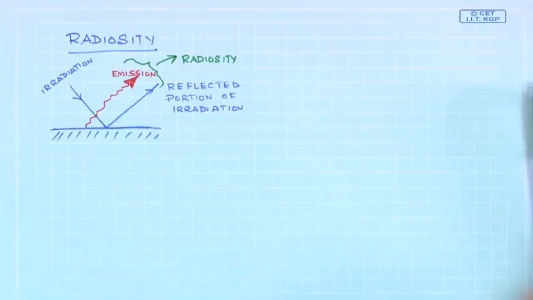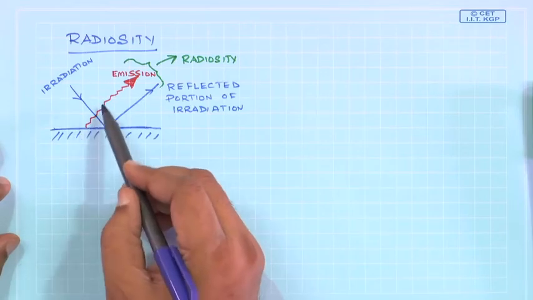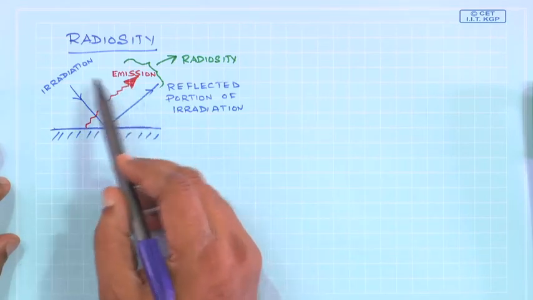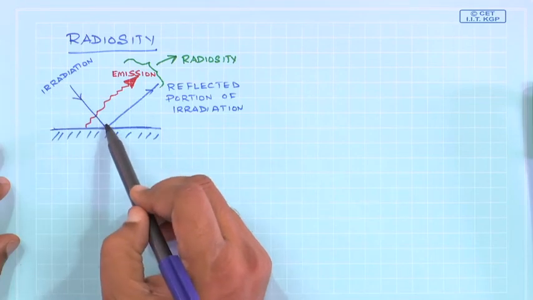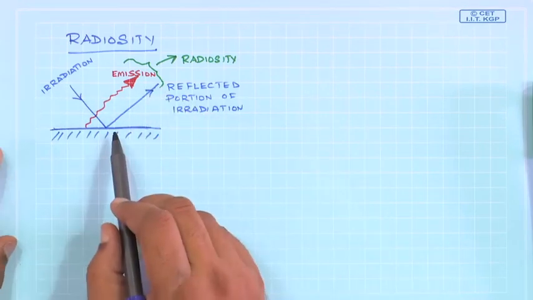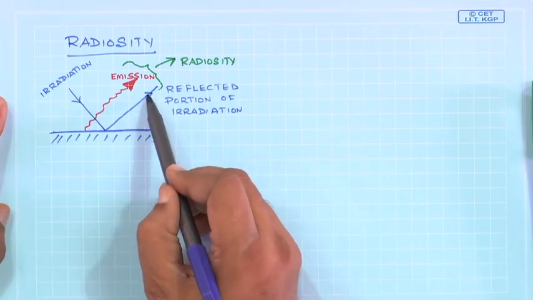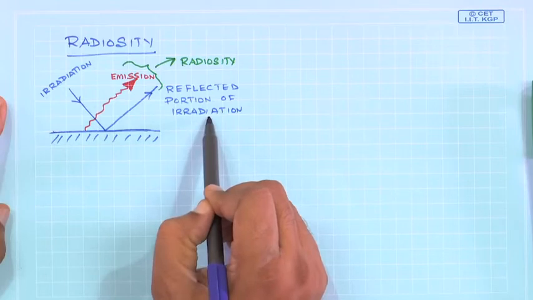Whatever I have described so far, if you look at the figure, I think it will become even more clear to you. I have a real surface which, due to its temperature, is emitting. So, this is the emission, and there is some irradiation which is coming onto the surface from other nearby surfaces, and it is going to reflect a portion of the irradiation.